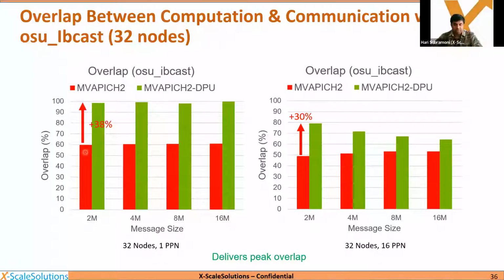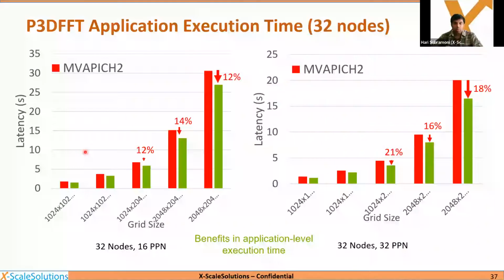So all of this is well and good, but what is the real upshot of all of this? Is there any real benefit at the application level? That's what we are trying to compare here. So far we were looking at benchmarks, which looked at pure communication or a synthetic version of communication plus computation. Here we are looking at an application called P3D FFT.